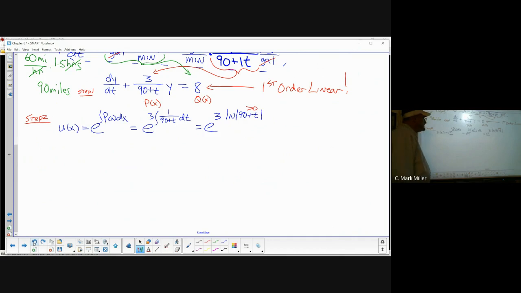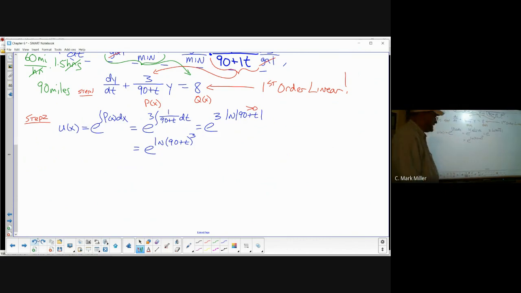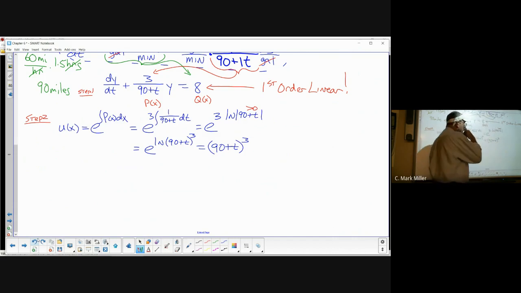So this equals e to the natural log of 90 plus t cubed. And you're probably tired of seeing it, but e to the log of anything is the anything. So this is 90 plus t cubed. That's our u.